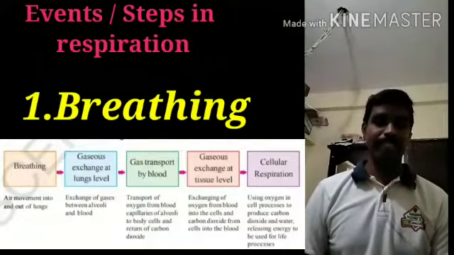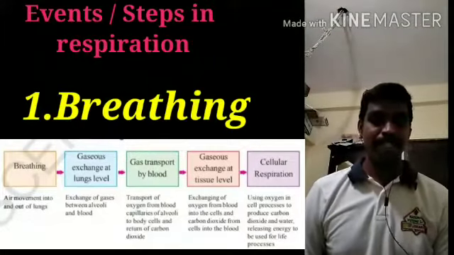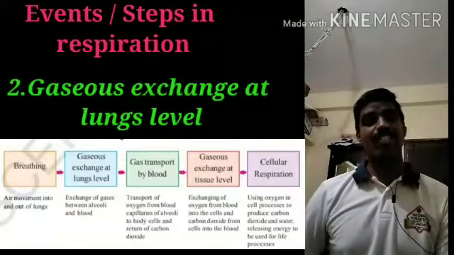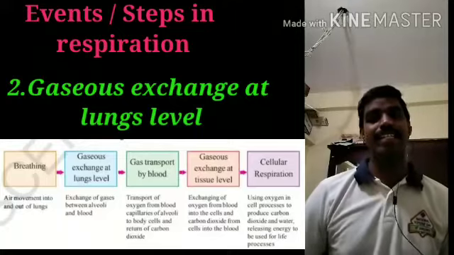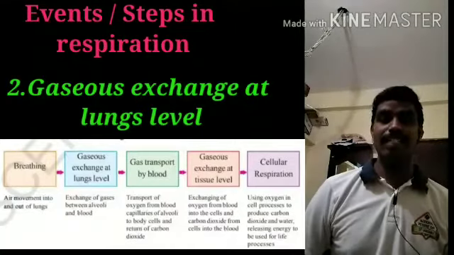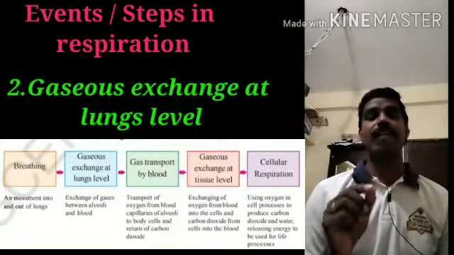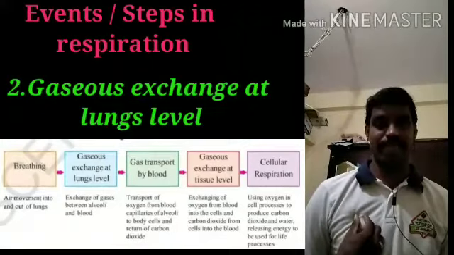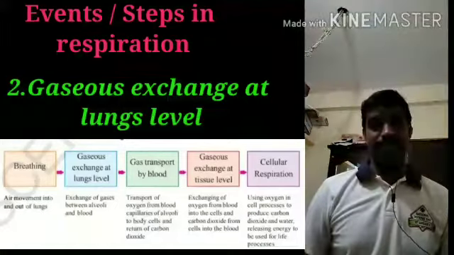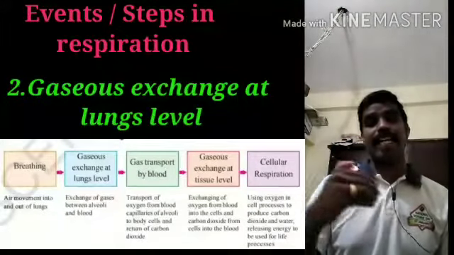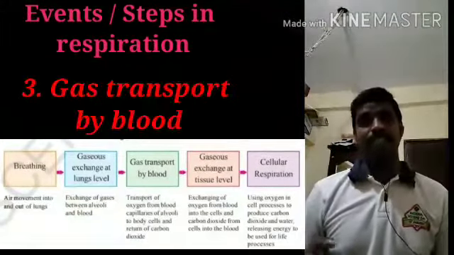This is called breathing. The second step is gases exchange at lungs level. After entry of oxygen into our lungs, it enters into the blood. This is the gases exchange at lungs.